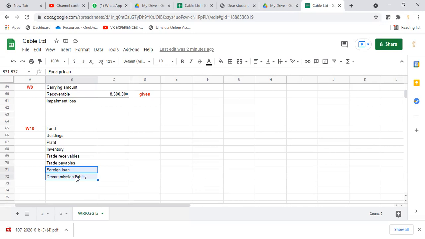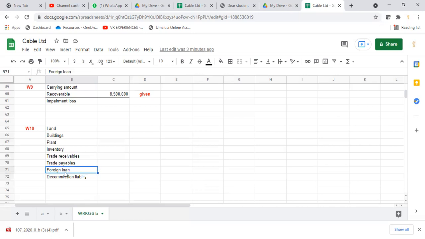The decommissioning liability wasn't mentioned in the table of the list of assets and liabilities, but the plant has a decommissioning liability. There are two parts to the journal entry: debit plant, credit decommissioning. So if the decommissioning relating to the plant is included in the plant, then certainly the liability aspect also needs to be included in the CGU.